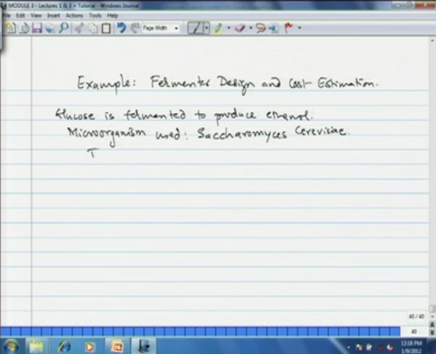The temperature of operation is 303 Kelvin, it's close to ambient condition, and the rate expression with respect to glucose, the main reactant, is K into 1 minus C ethanol divided by C star ethanol.